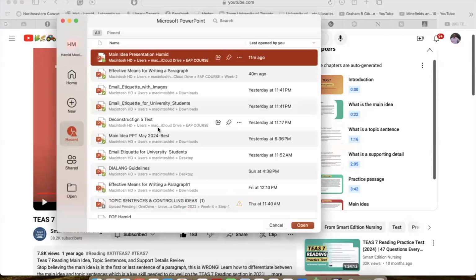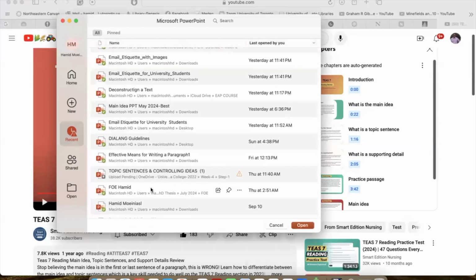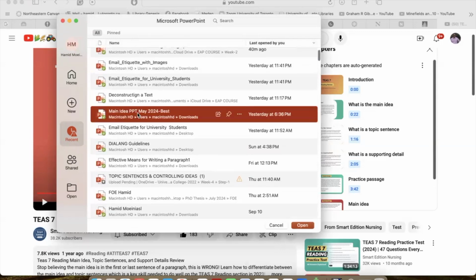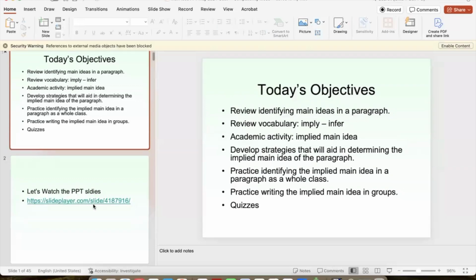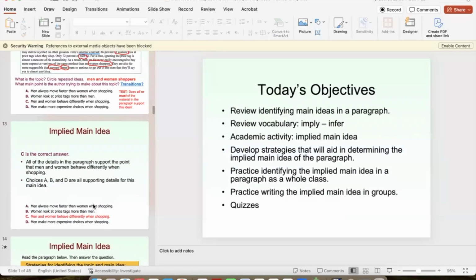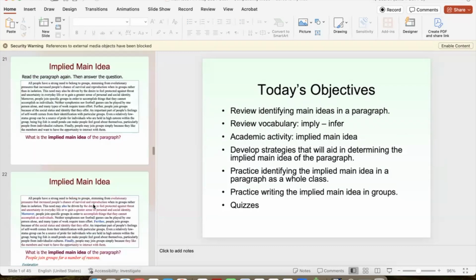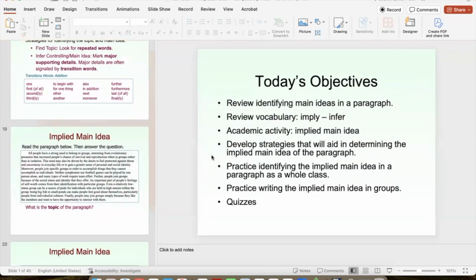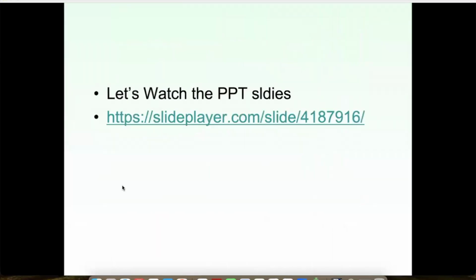Just a second. Allow me to put it up. Main idea. I guess this is the one I want to show you. Let me check. Double check before showing it to you. Oh, yeah. This is it. Enable content. So we're going to continue our discussion on implied main idea.